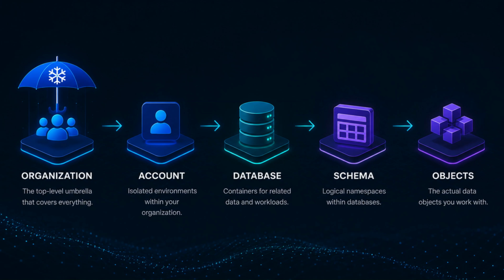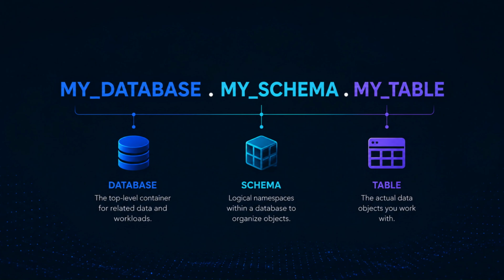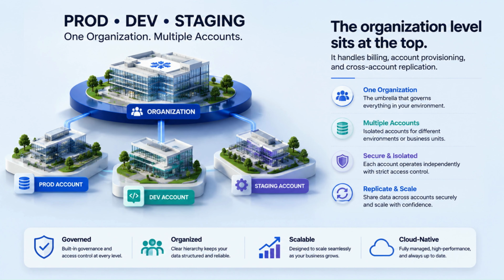And inside each schema, the actual objects: tables, views, stages, pipes, streams, tasks, and more. The fully qualified name of any object follows this path: database.schema.object name.